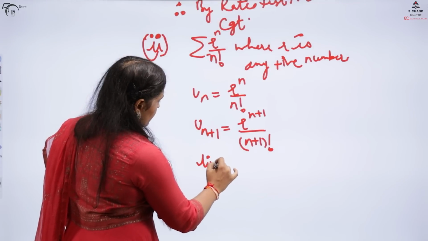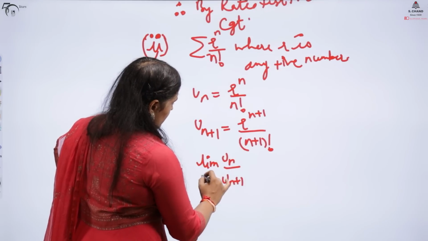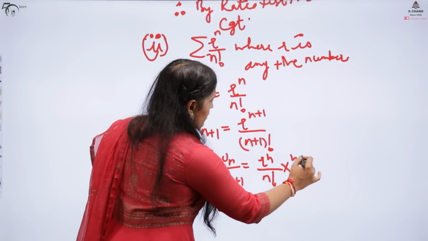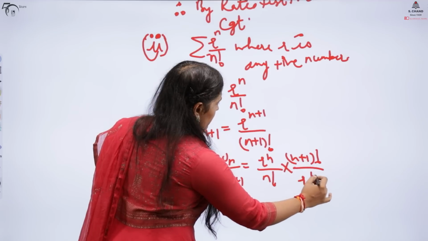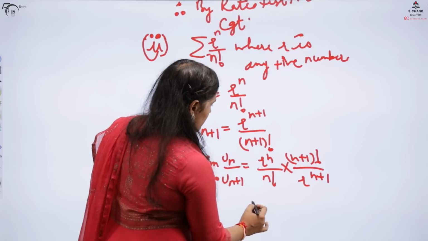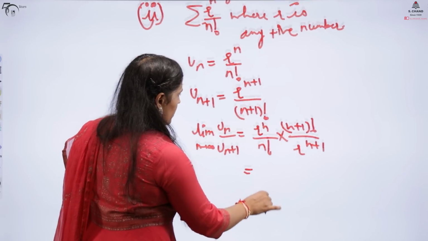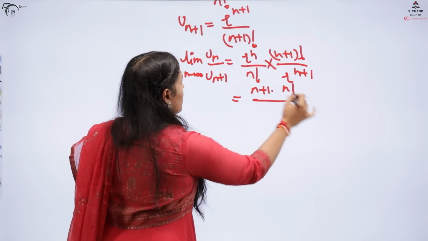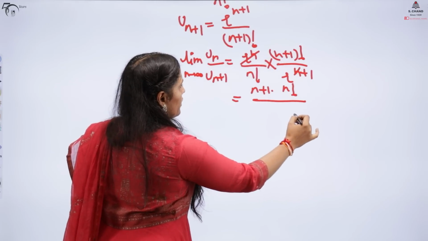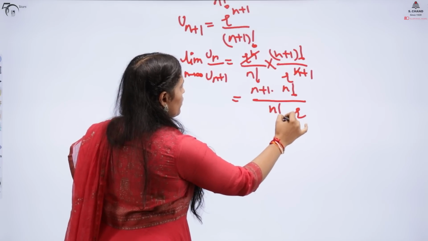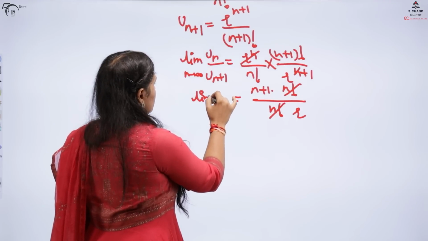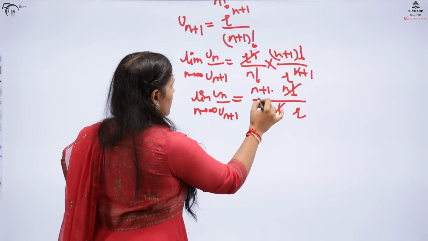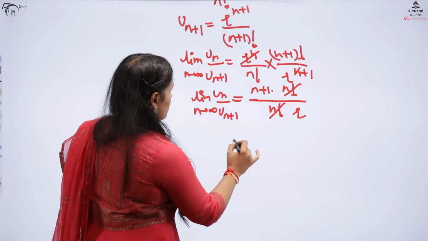Take the limit. So Rn upon n factorial, times n plus 1 factorial upon R to the n plus 1. So ultimately you are getting n plus 1 into n factorial. Rn will get cancelled and you are left with only R, and then simply n factorial cancels.